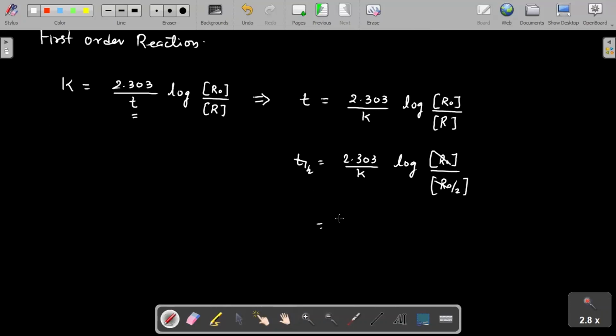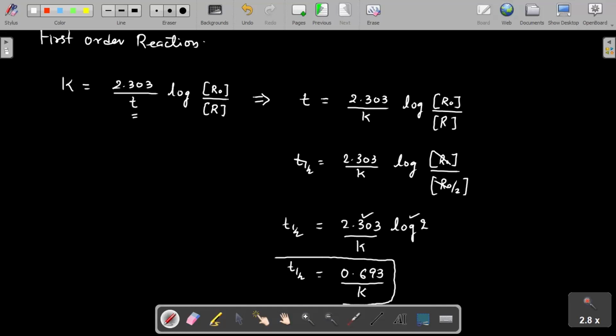So log 2, 2.303 log of 2 upon K is the t half value. Log 2 into 2.303 will give you 0.693. This is a constant value, so t half is 0.693 upon K.